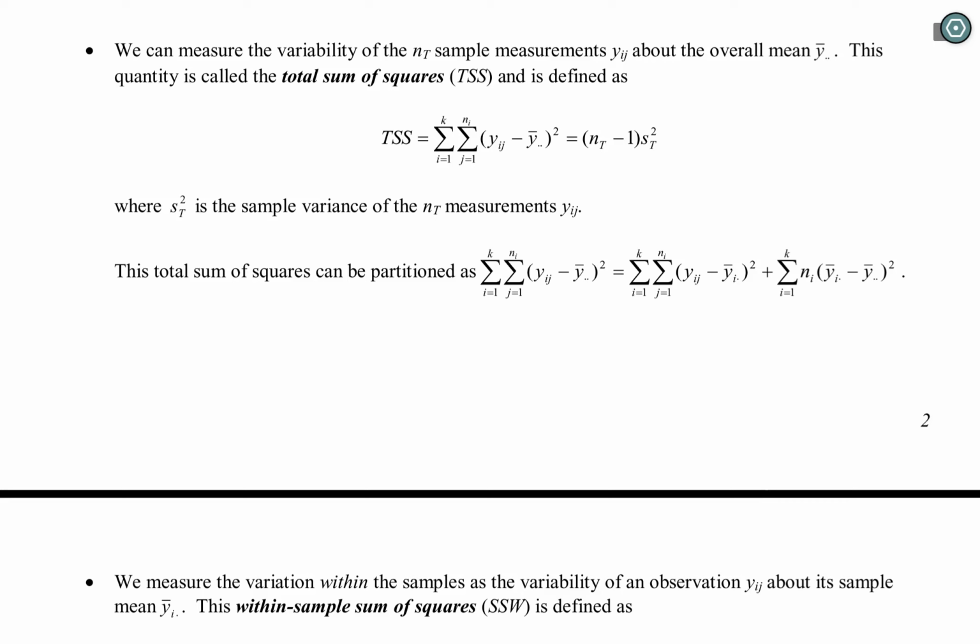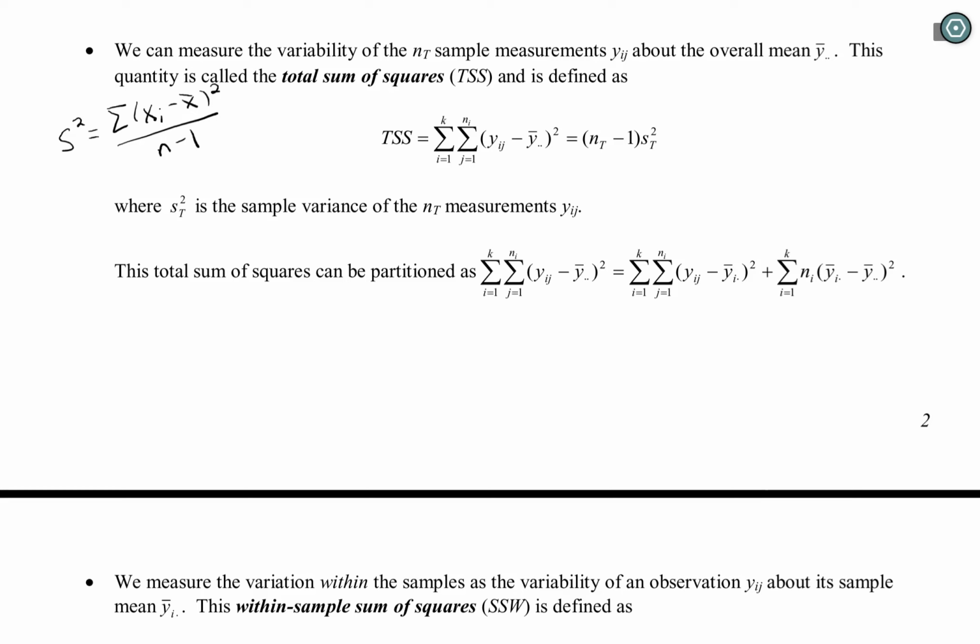All right, so first we're going to look at here the total variability of all the samples, of the entire sample. The total variability, if you think back to just the single sample case here, remember we measured the variability by taking, this is in terms of x, but that's okay, the sum of the square deviations over n minus 1, and that gave us the sample variance.